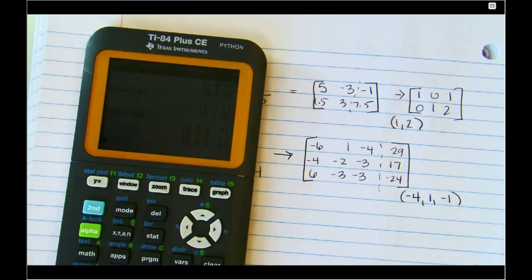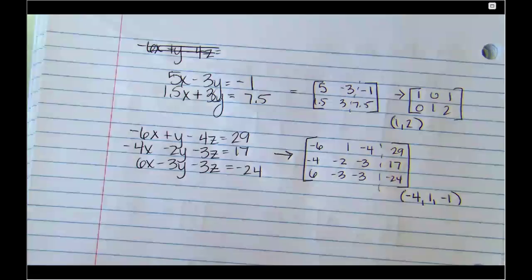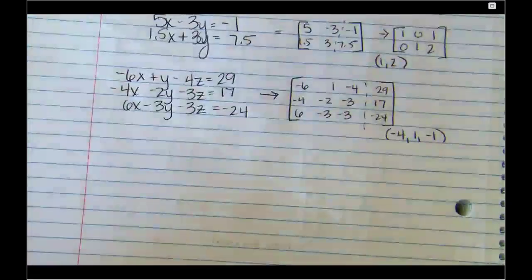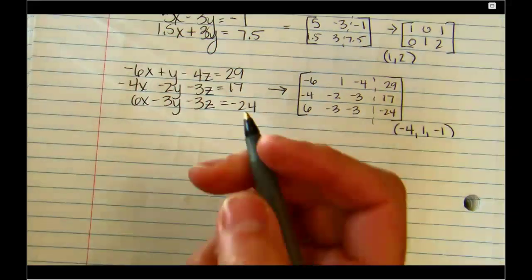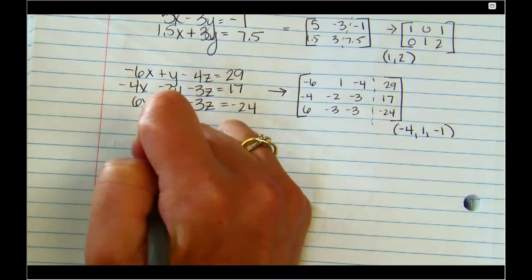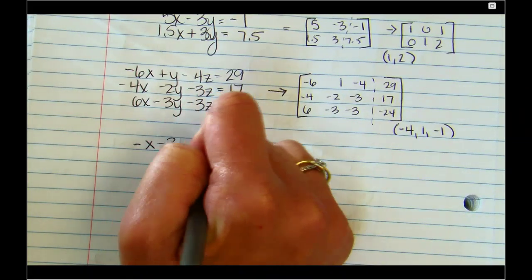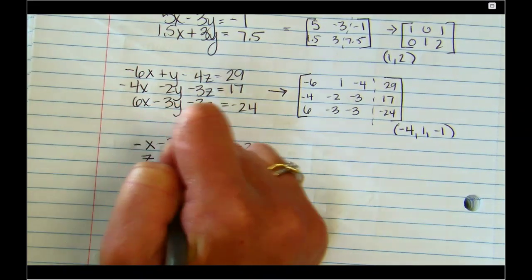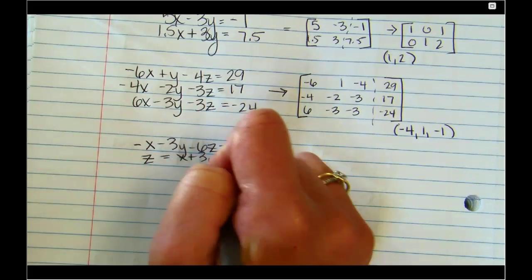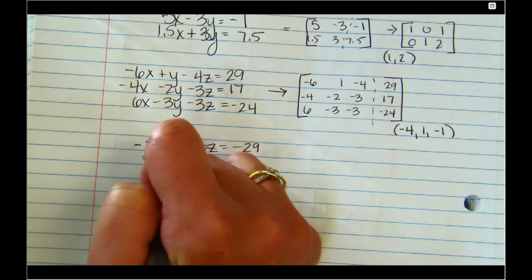You put 0 in, right? Okay. So let's say we have this. So you're going to go -x minus 3y minus 6z equals -29. z equals x plus 3y plus 6, and y equals x minus 7.